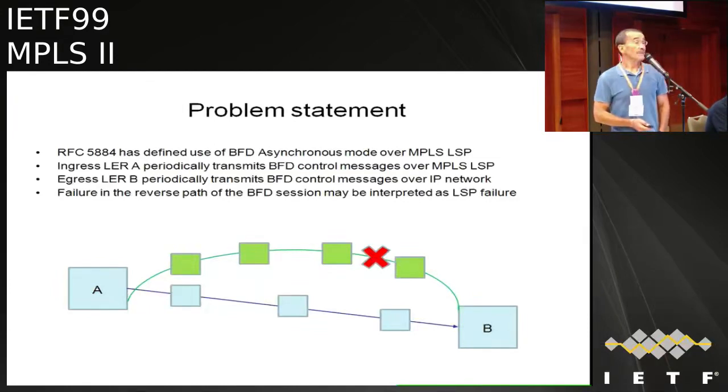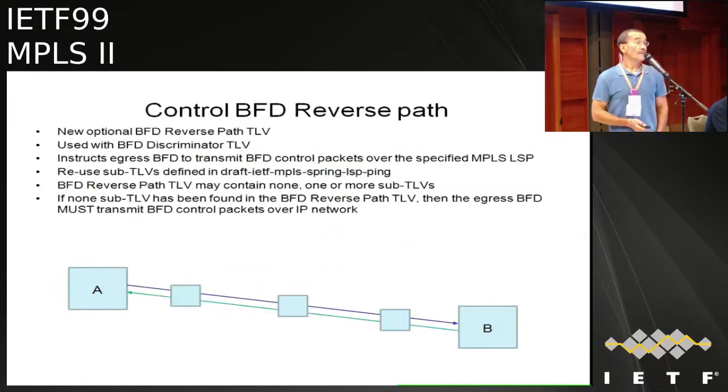So the proposal is to use the BFD reverse path TLV in conjunction with the BFD discriminator TLV in LSP ping to change the reverse path used by the BFD session identified by the BFD discriminator.